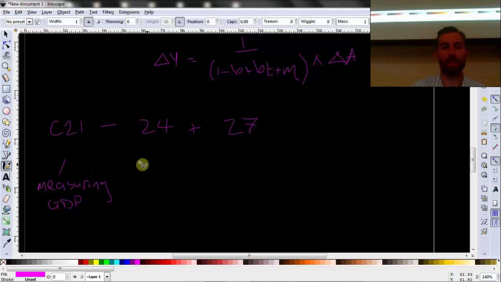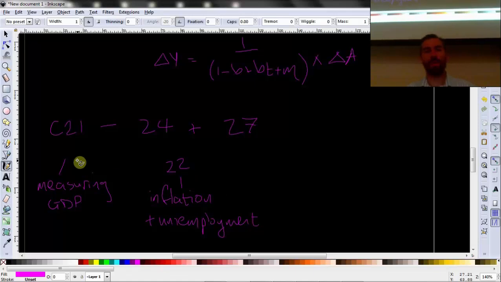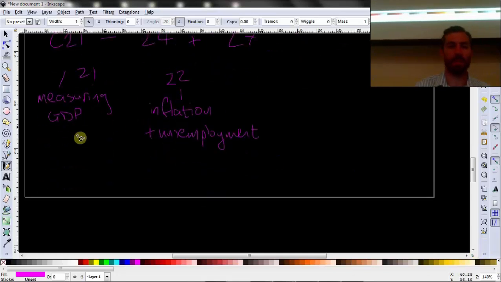Then chapter 22 was about measuring other stuff that we're interested in, like inflation, as well as unemployment. In terms of measuring GDP in chapter 21, we saw that there were two ways that we could measure it. There was an income approach and an expenditure approach.